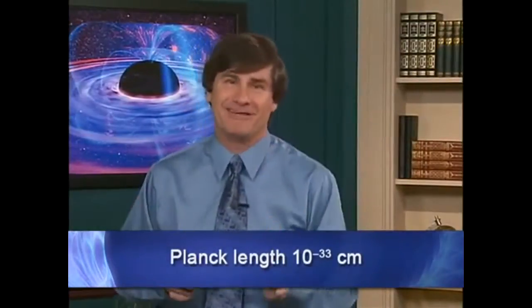How thin is the membrane, or the stretched horizon, as it is sometimes called, that holds all of the information? Well, we think it's about 1 Planck length, about 10 to the minus 33 centimeters from the horizon. This is 20 orders of magnitude smaller than a proton. It's very small.